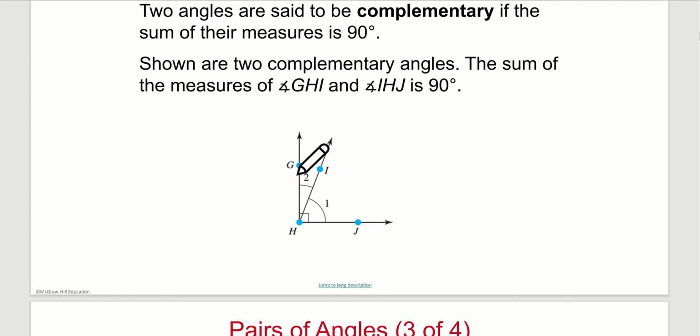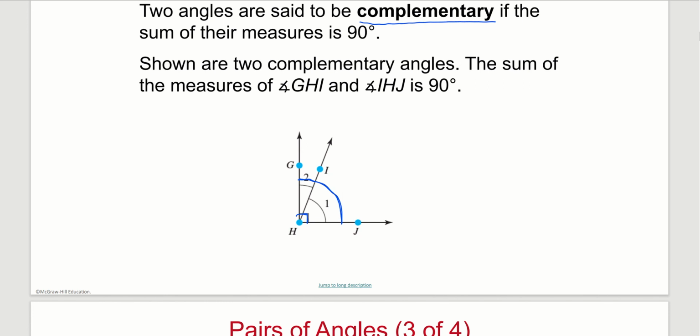If two angles sum to 90 degrees, they are referred to as complementary angles. For example, if I look at angle 1 and angle 2 in this picture, the two of them, when added together and taken in total, would give us this angle here, which according to the picture is going to be a 90-degree angle. So if two angles sum to 90 degrees, that pair of angles is called complementary.